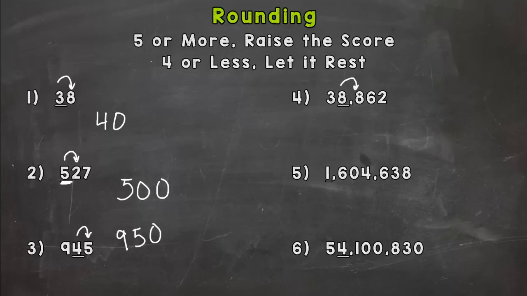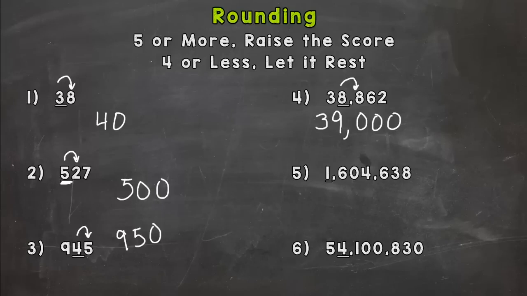That 8 is 5 or more, so it tells the other 8 to round up to 39. So we keep everything to the left the same. This 8 is going to round up to a 9. And then what do we change everything to the right of the underlined digit? Hopefully you're thinking zeros. So that number is closer to 39,000 than it is 38,000. It rounds to 39,000.